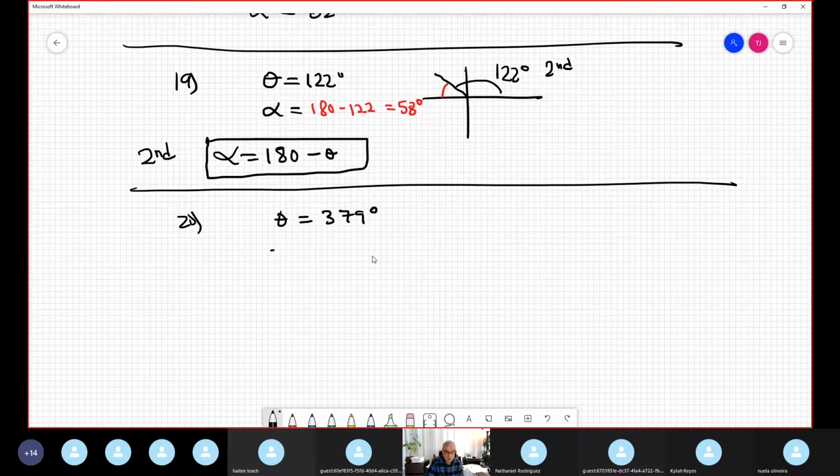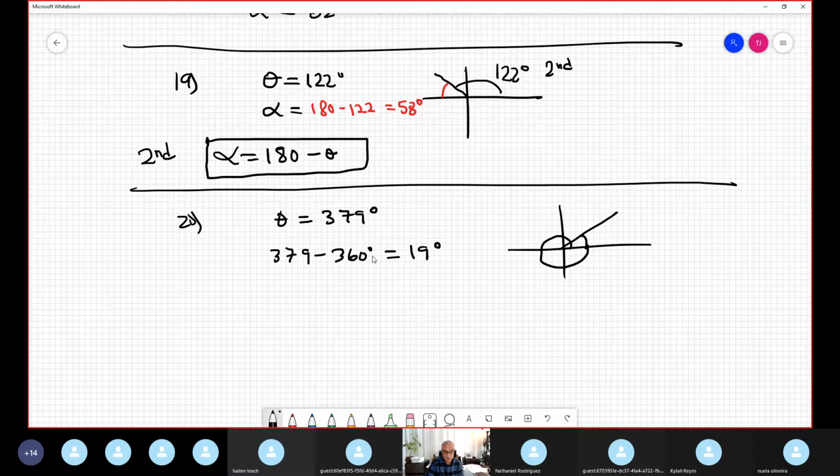You subtract 379 minus 360. That's one revolution. And gives me 19. Entonces, the interpretation: this angle is one revolution, 360, plus something more, que es 19 degrees. Actually, 379 degrees lies in the first quadrant. But alpha is not equal to theta, it is equal to 19 degrees.